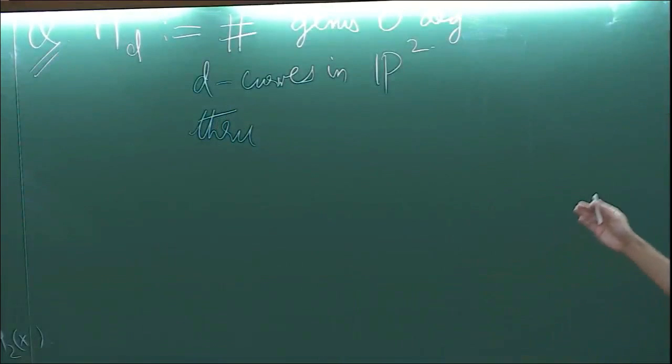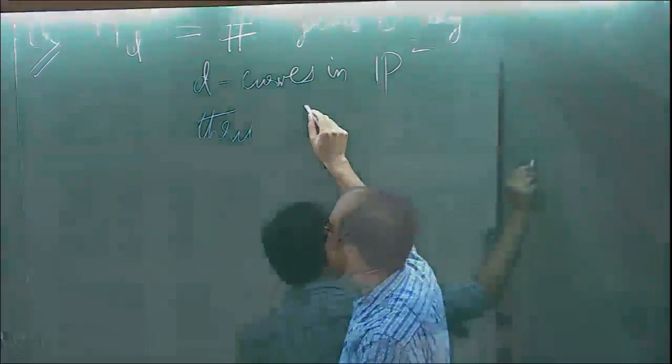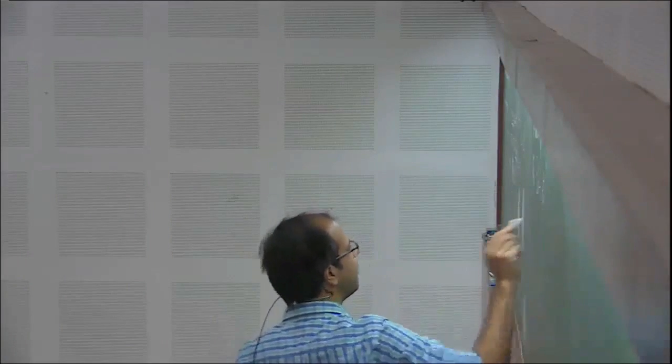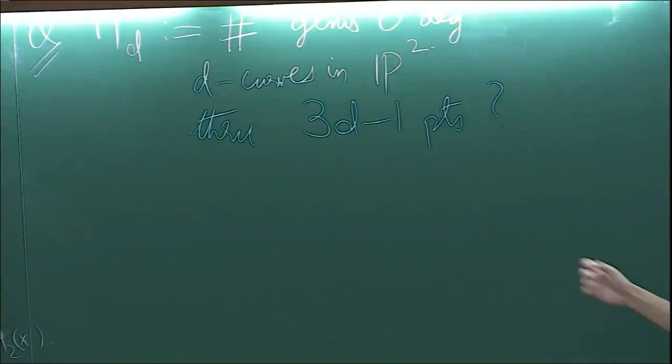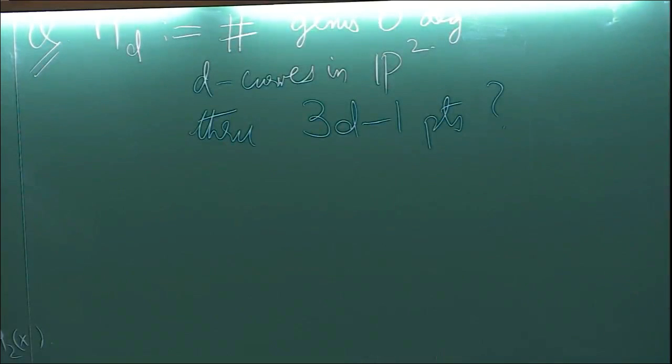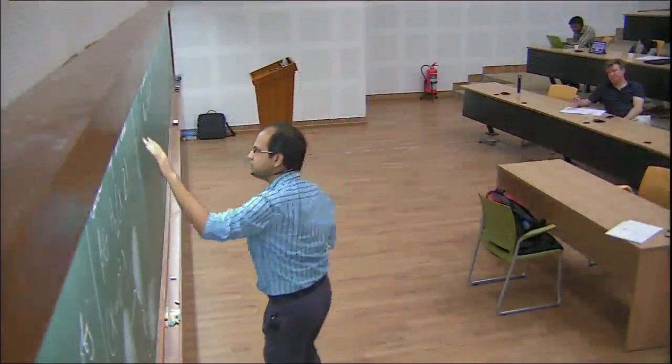Now for the moment, just believe me, I'll explain later how I heuristically determine how many points there are supposed to be. So the expected dimension of this space is 3D minus 1 generic points. From where did I get this 3D minus 1? I'll explain later. For the moment, just believe me that 3D minus 1 is the right number.